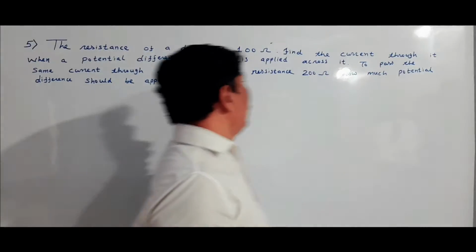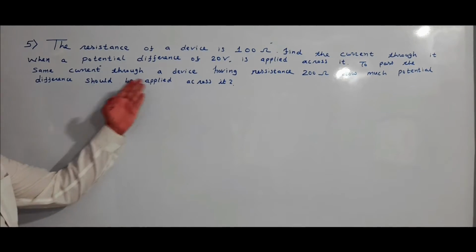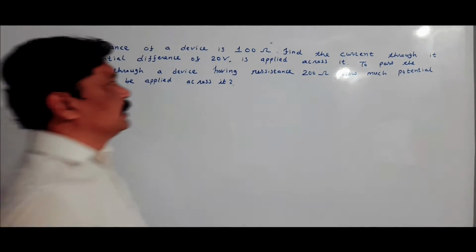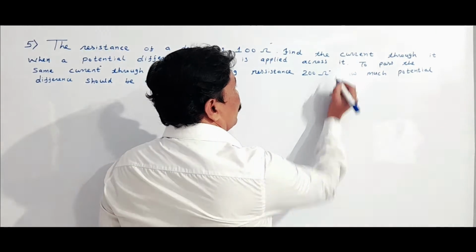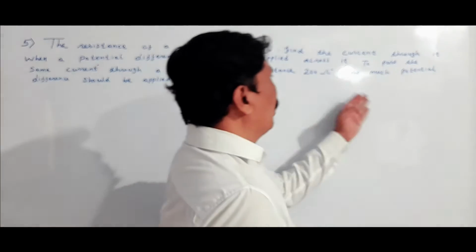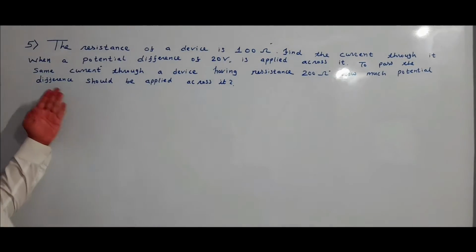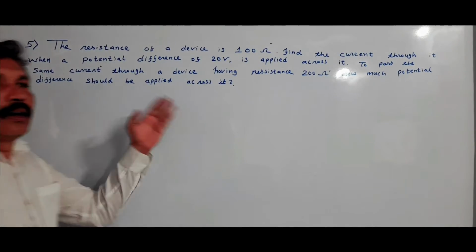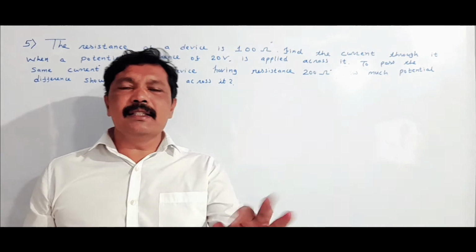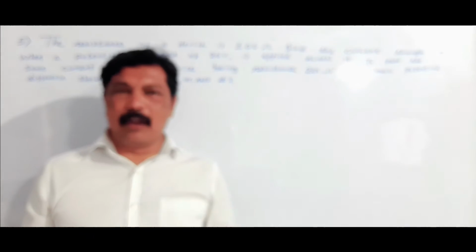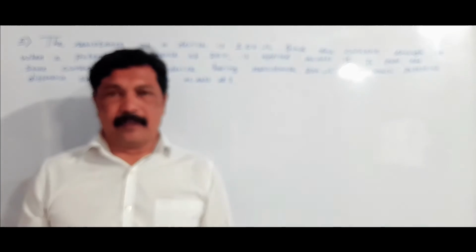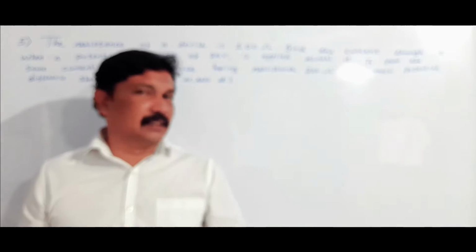To pass the same current through a device having resistance of 200 ohms, how much potential difference should be applied across it? My dear student, in this problem, some values are given and two conditions are given.